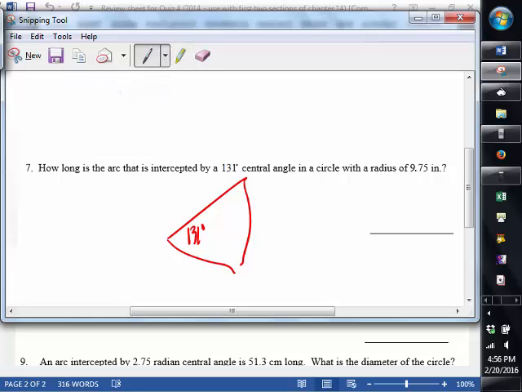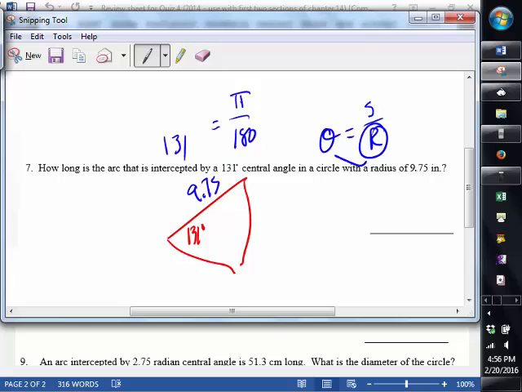So pi over 180 times 131. And then the radius is 9.75. Remember that theta equals S over R. Since we know R, we would just multiply by theta to get our arc.